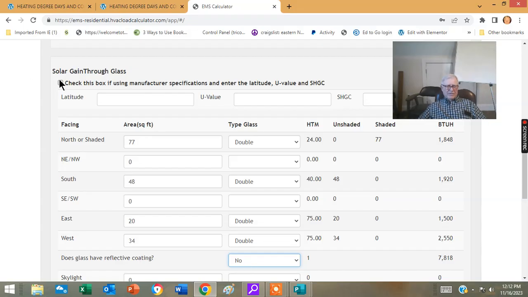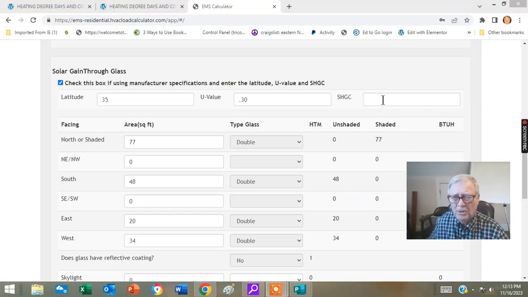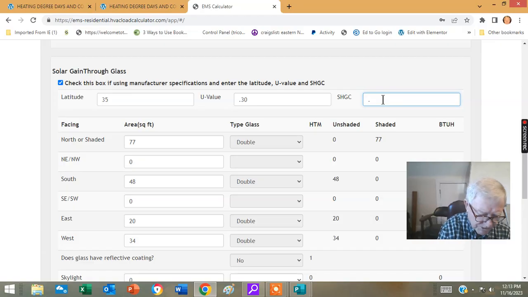If you happen to have checked this box and said yes, you got the manufacturer specs, if you remember when we went back to my website and looked up the degree days, I told you that Raleigh was at 35 degrees latitude. That's where you got that, 35 degrees. And you look at the U value of the windows, let's say it was 0.30, and the SHGC, that's solar heat gain coefficient, is what it stands for. Let's say it was 0.28.